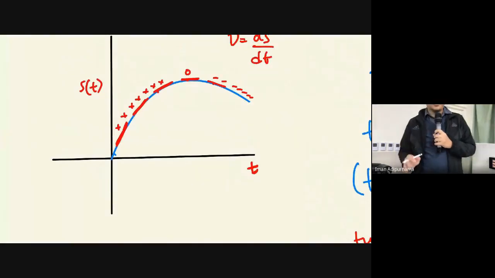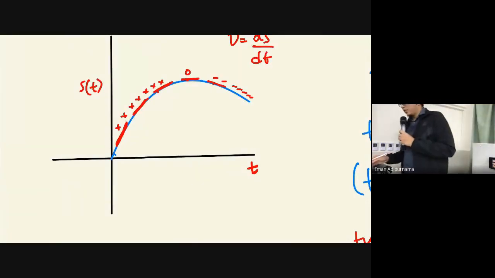If you imagine the person starting at 0, and then he moves until t equals 1. When t equals 1, maybe he moves back.